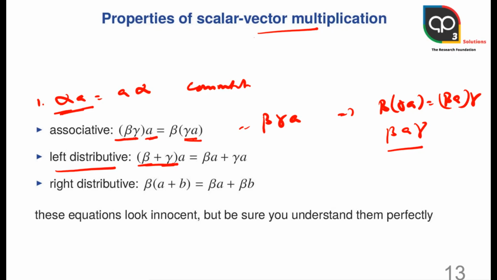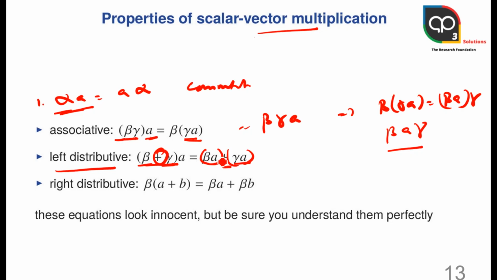So on the right hand side, beta A plus gamma A means this is one vector and this is another vector. It is useful to identify the symbols appearing in the formula. The plus symbol on the left side is addition of scalars, whereas the plus symbol on the right side denotes vector addition.